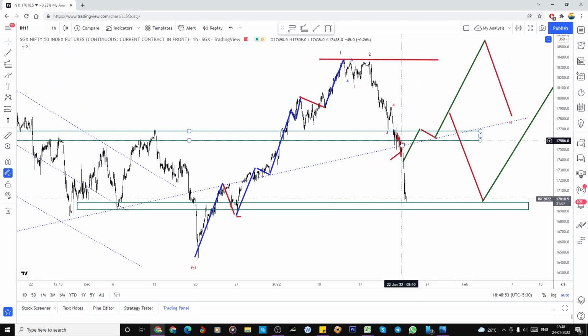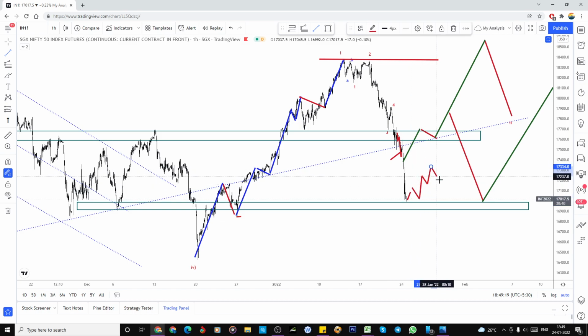So what do I have to do? Again, I start to accumulate here, and today I accumulated again. So the remaining, what I did the profit here, I'm still holding the profits, and I will accumulate once the market is from here, if it is a V reversal, not like this.